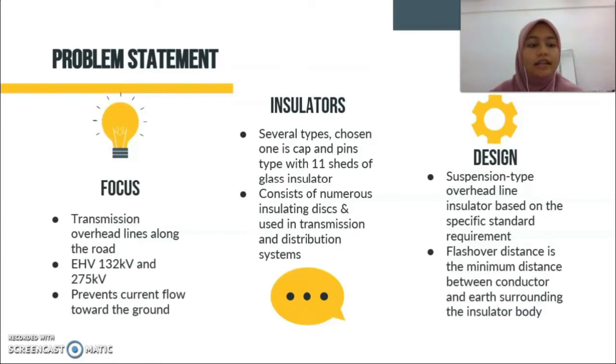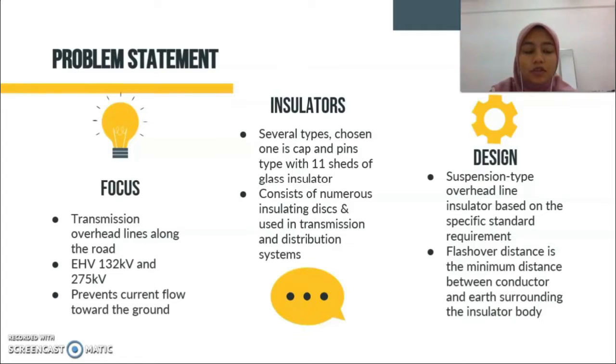The overhead line conductors on the poles are supported by an insulator, which prevents current flow toward the ground. Overhead line insulators can be divided into several types, and the chosen one is the cap and pin type with 11 sheets of glass insulator. Each insulator consists of numerous insulating discs and is used in transmission and distribution systems.